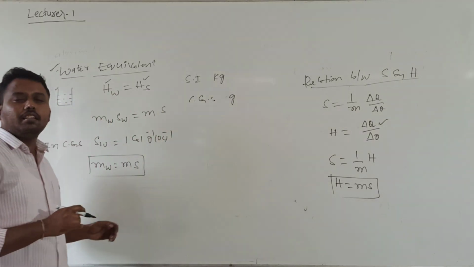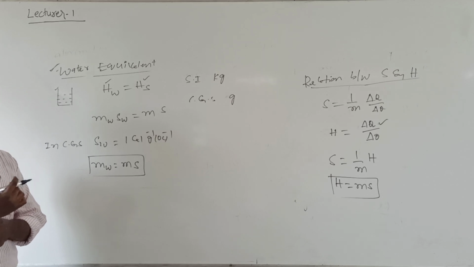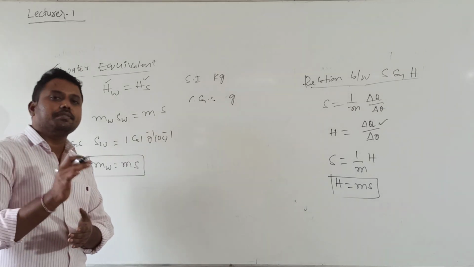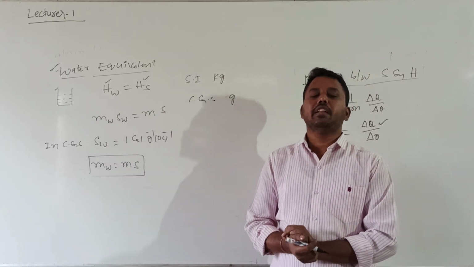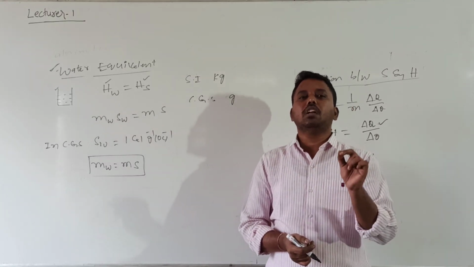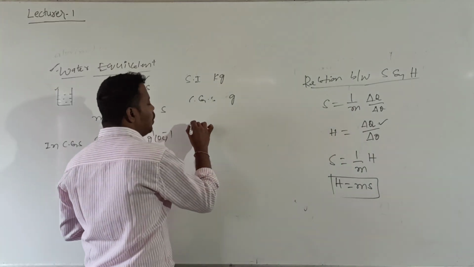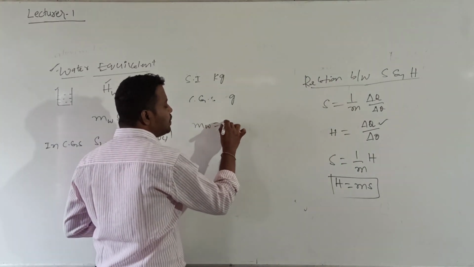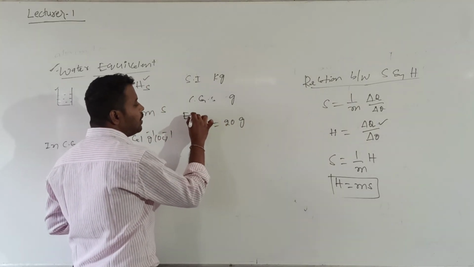Are you getting it? So whenever they give water equivalent, indirectly they are giving the product of mass of the substance with the specific heat of the substance. For example, they told that the water equivalent of a calorimeter is 20 grams. Water equivalent of calorimeter 20 grams means the MW value is 20 grams. This is one example.